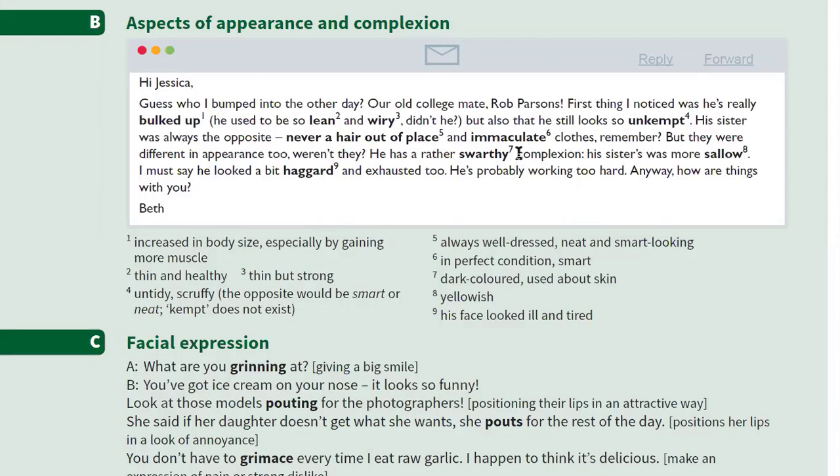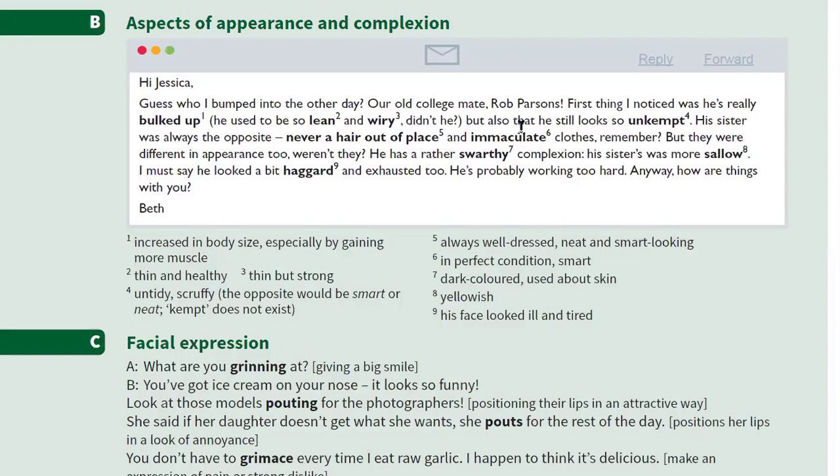Okay, this seems to be an email sent to Beth by Jessica, and she is talking about her old college mate Rob Parsons, and about Rob's appearance and complexion, and his sister's appearance and complexion.